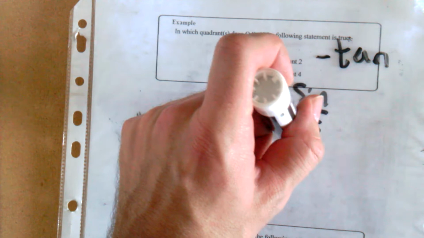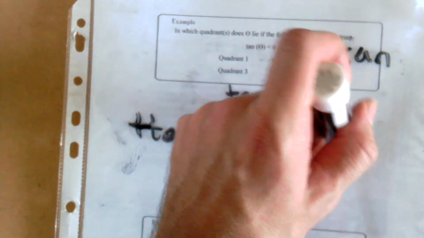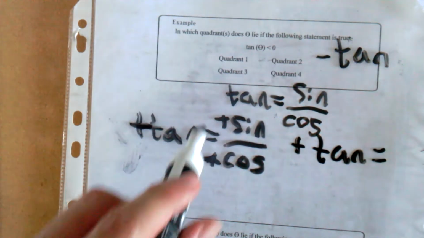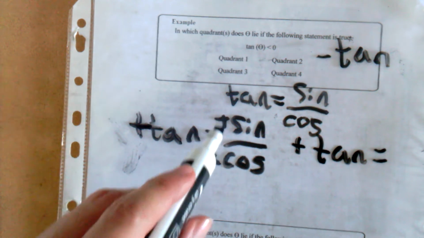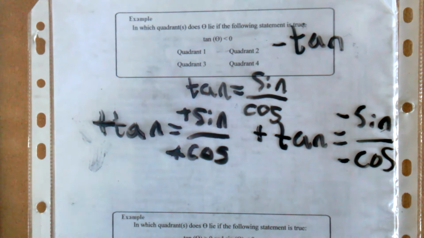Okay, but remember also that a number can be positive if the bottom and the top are both negative. So if sine is negative, divide by a negative cosine, tangent can also be positive when sine is negative and cosine is negative.